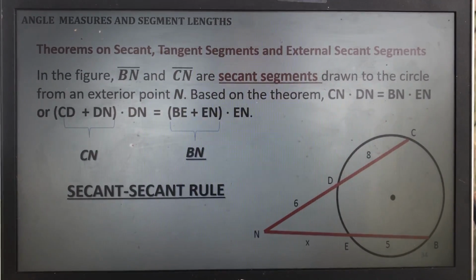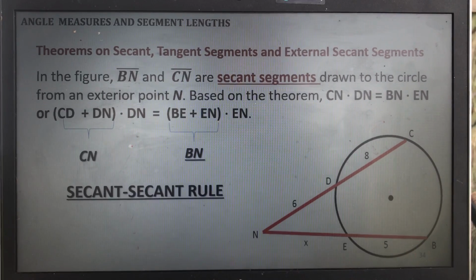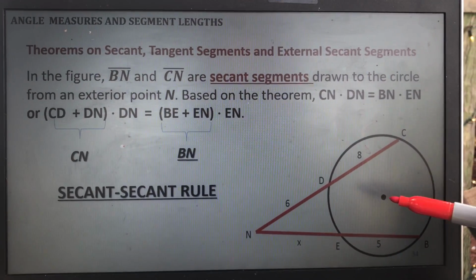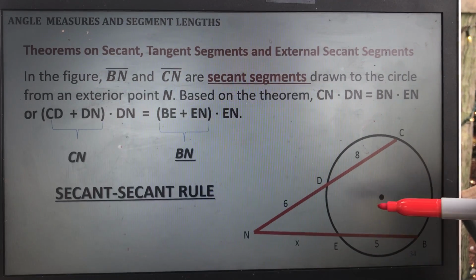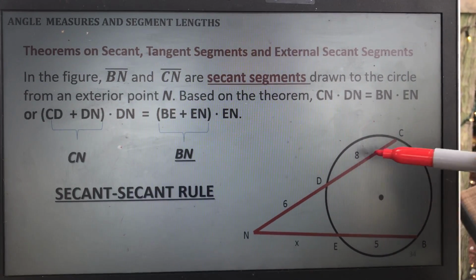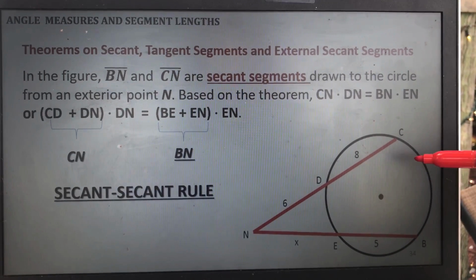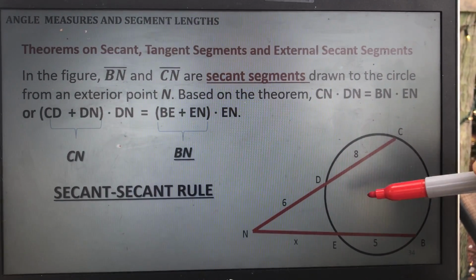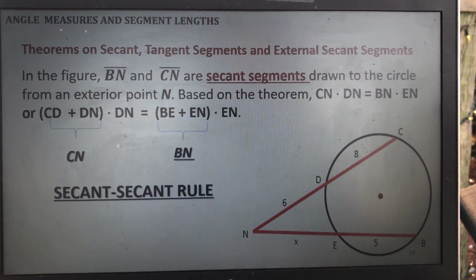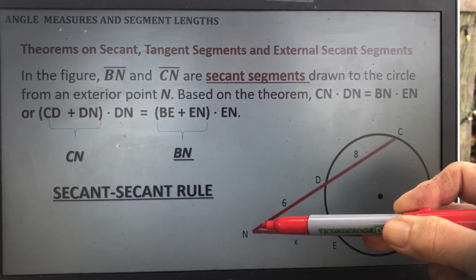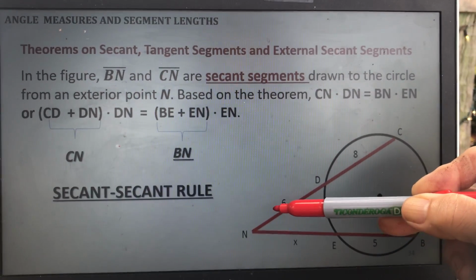So if we want to apply the secant rule to this illustration, in this figure we have line segments BN and CN, and they are said to be secant segments because they intersect the circle at exactly 2 points respectively. Now, they're drawn to the circle from an exterior point N, which is also the point of intersection of the two secant segments.